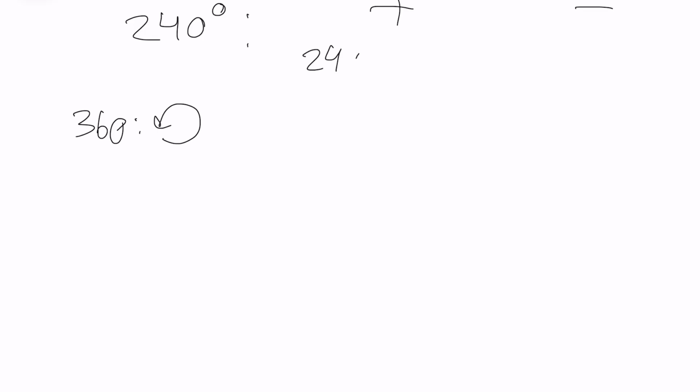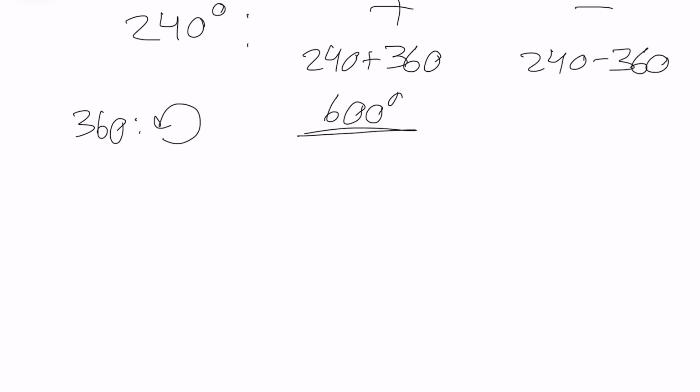So let's take this: 240 plus 360 degrees is equivalent to 600 degrees. This is the positive coterminal angle. The next one is 240 minus 360 degrees. In this case, it is negative 120 degrees. This is a negative coterminal angle.